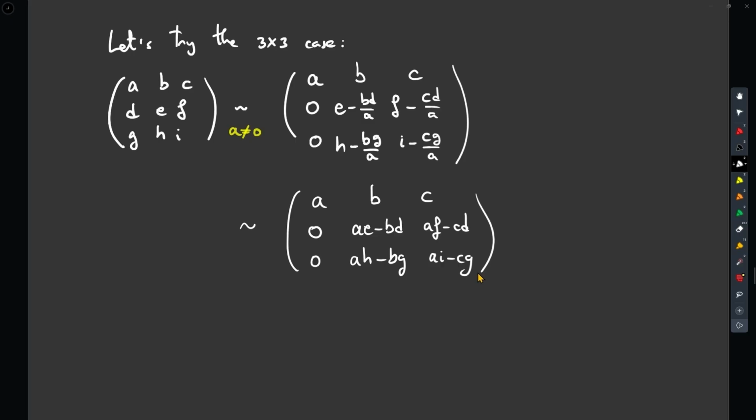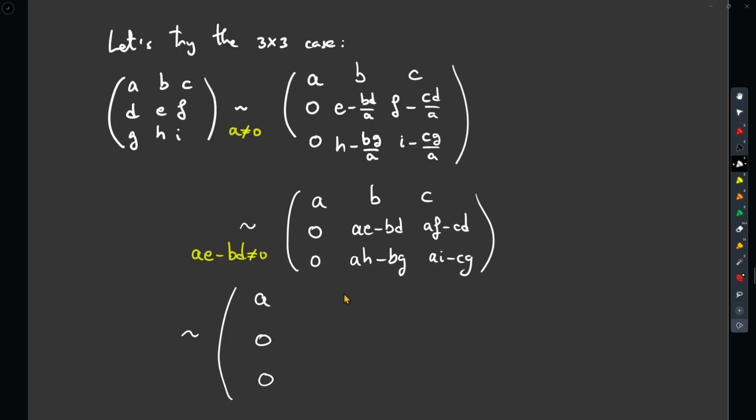And again, I'm going to assume that this is going to be a pivot, so that that condition is met, that this number here is non-zero, and then continue from there. Then I get this very impressive expression.